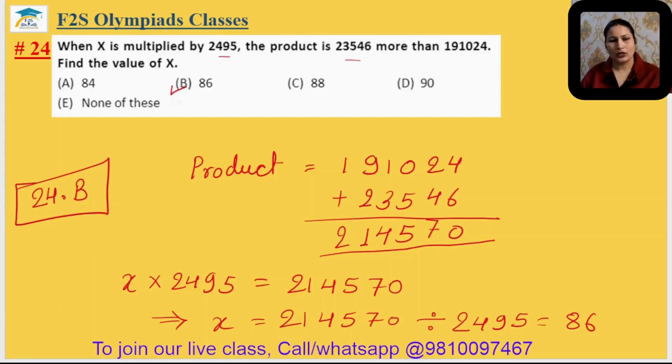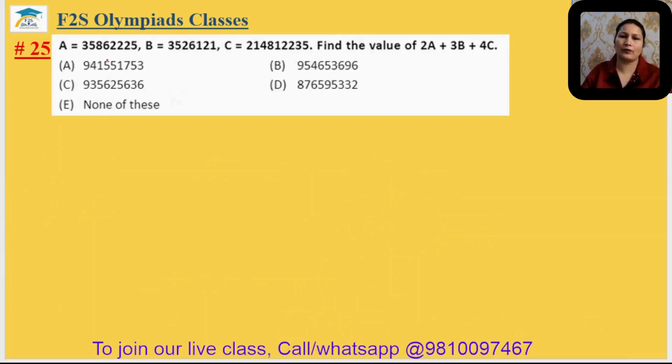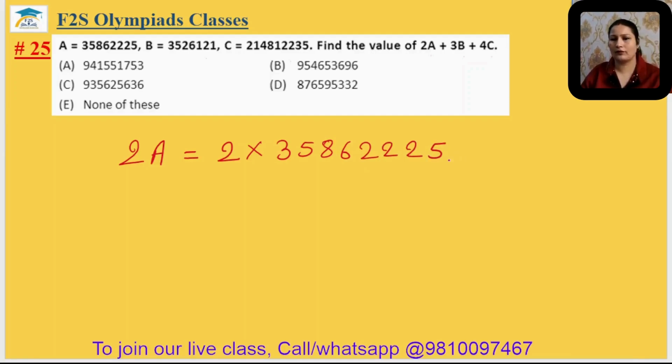Got it? Question number 25. A equal to this, B equal to this, C equal to this. Find 2A plus 3B plus 4C. What will be 2A? 2A means 2 multiply by 3586 2225.